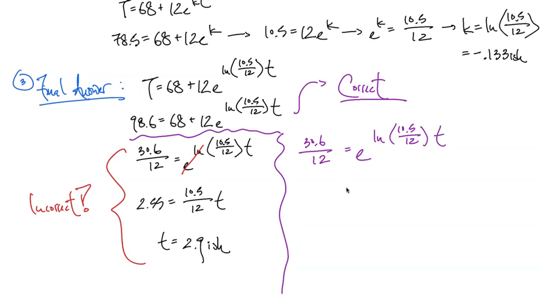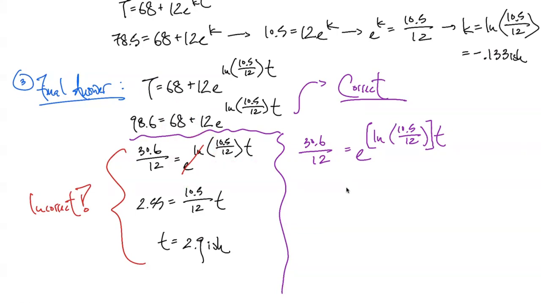One thing I want to do, and this is why I often write more parentheses than necessary, I want to make sure I know that I am multiplying this natural log of 10.5 over 12 times t. And so my mistake here was thinking the natural log applied to all of this, when in fact it only applies to one of those terms.